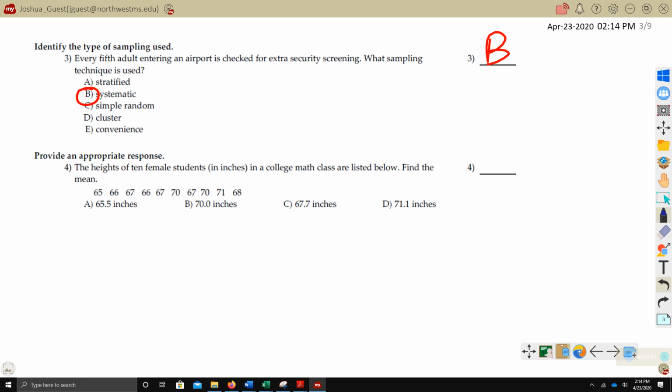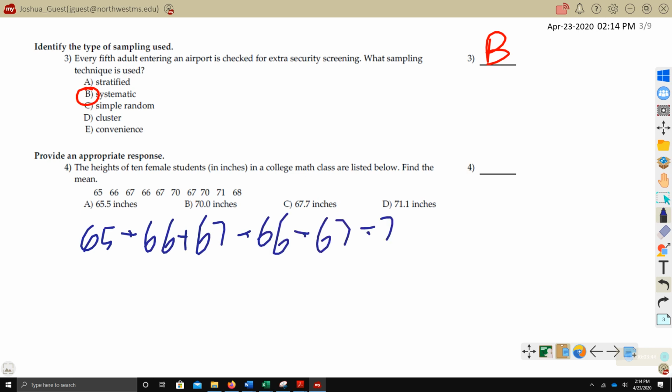The heights of 10 female students in inches in a college math class are listed below. Find the mean. Well, how do I find the mean? I say 65 plus 66 plus 67 plus 66 plus 67 plus 70 plus 67 plus 70 plus 71 plus 68, and I add all those together.